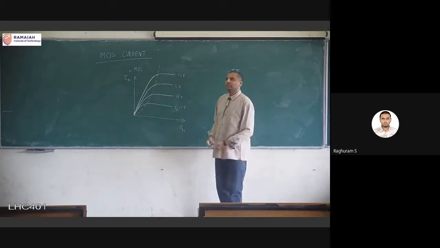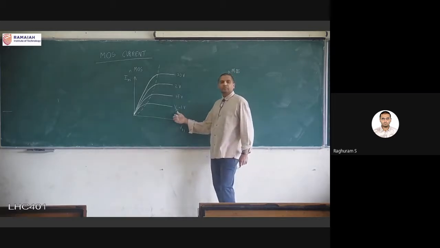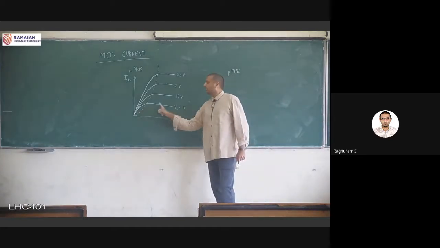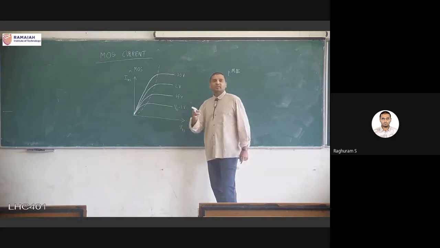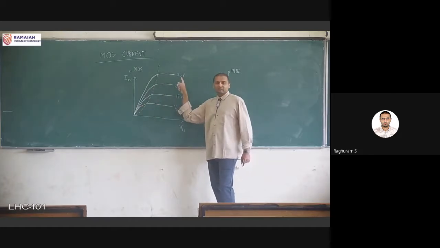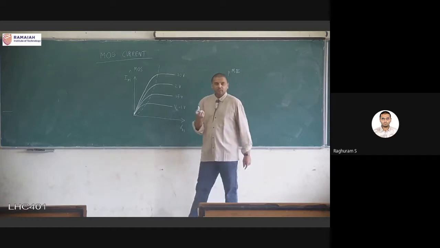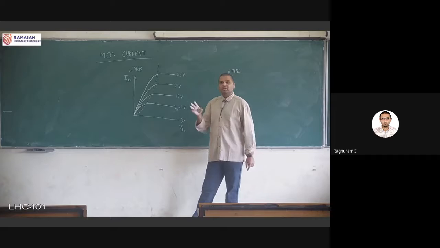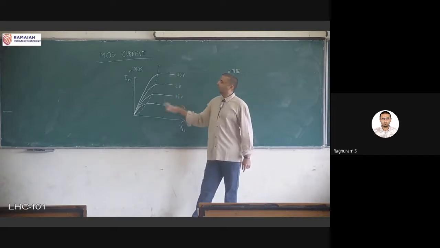So what this means is, suppose you decided to work with a power supply equal to 1 volt. This will be your VI characteristic. Suppose you decide to work with a power supply of 3.3 volts, then this will be your VI characteristic. Obviously, you will have two curves that are very different from each other. So based on your design and requirement, you decide which power supply to work with.